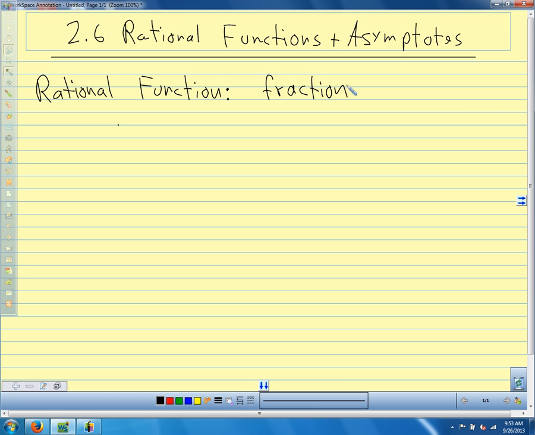Polynomial, very nice. A fraction of polynomials. We've spent all this time figuring some things out about polynomials and how to work with polynomials. So a rational function is a fraction of polynomials.